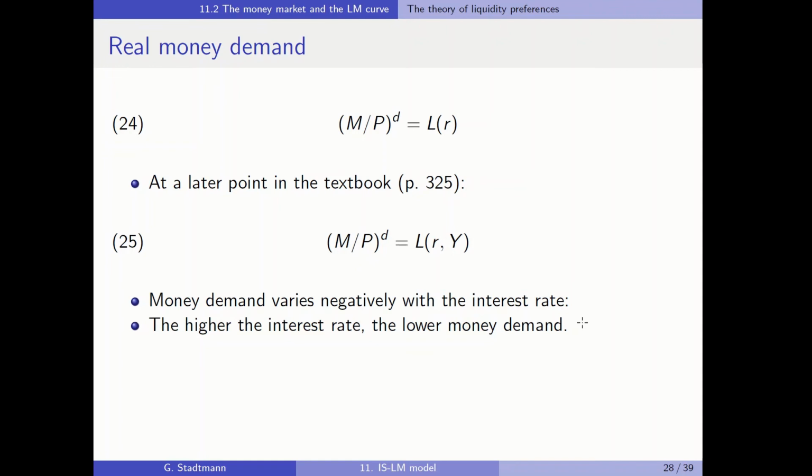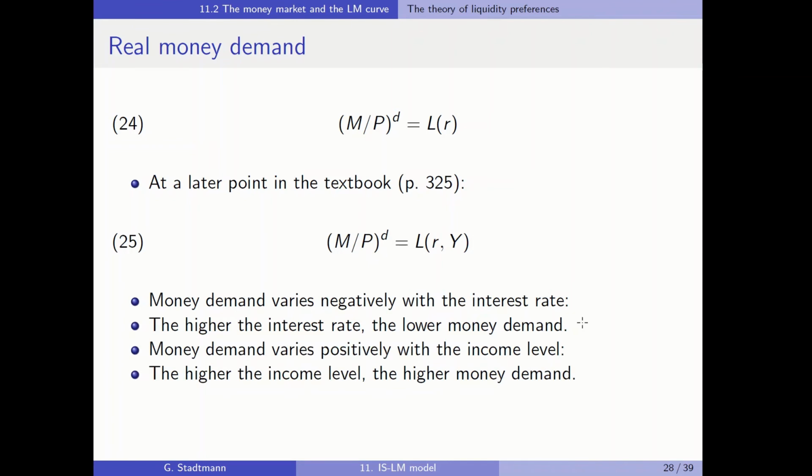At a later point in the textbook, liquidity demand also depends on the GDP level, and I would like to introduce this second relationship already here. So money demand varies negatively with the interest rate. The higher the interest rate, the lower money demand.